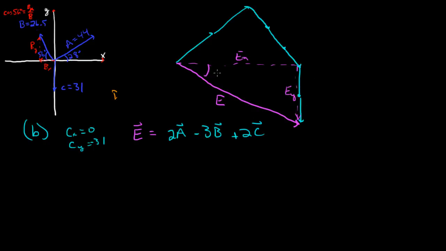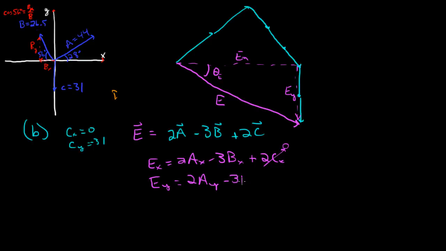Okay, and now Ex just equals 2Ax, and you can use that from part A, minus 3Bx, again from part A, plus 2Cx, which we already decided is 0, so we can just ignore that part. Ey is 2Ay minus 3By plus 2Cy, which you can ignore the subscript because Cy is just the length of C.